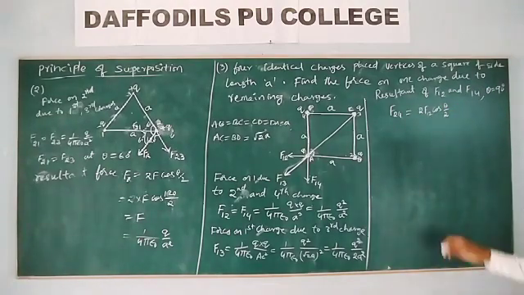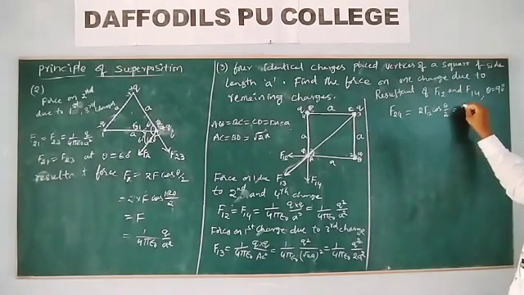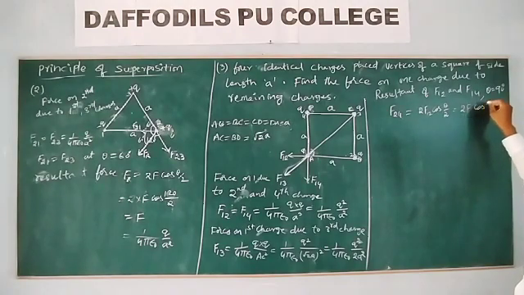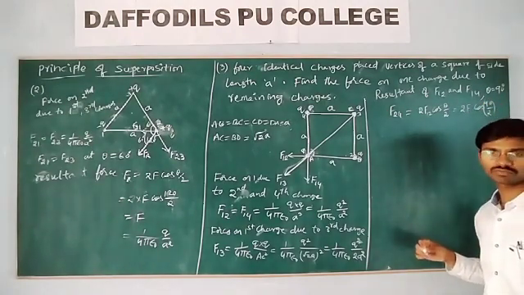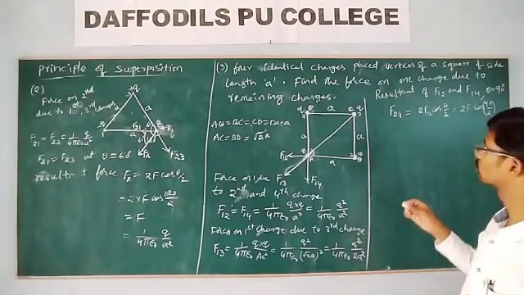That is equal to 2F cos 90 by 2. Cos 90 by 2 is nothing but cos 45, which is 1 by root 2.